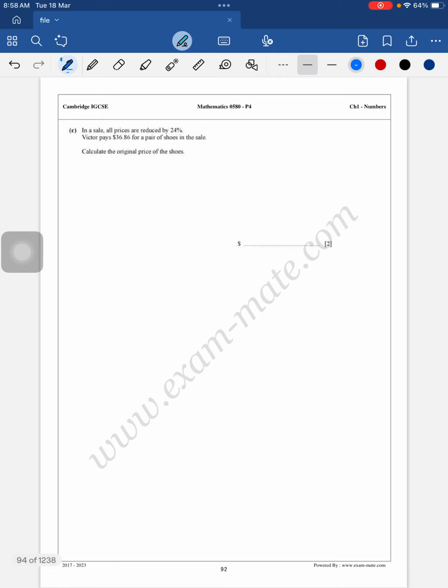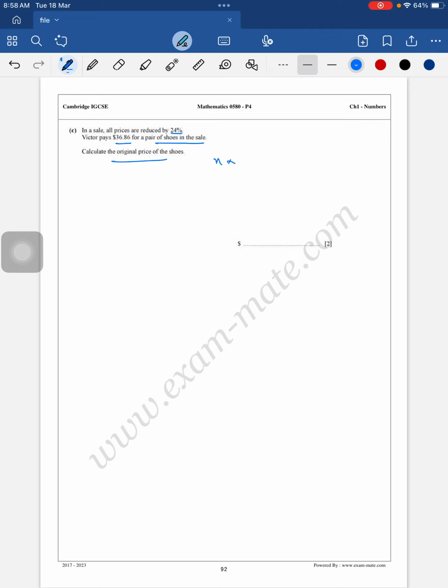Part C, in a sale, all prices are reduced by 24%. Victor pays $36.86 for a pair of shoes in the sale. Calculate the original price of the shoes. Now here the price has reduced by 24%, so definitely the amount he has paid will be 100 minus 24, that is 76%.